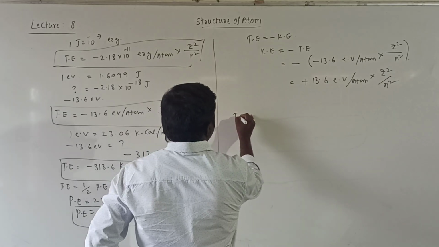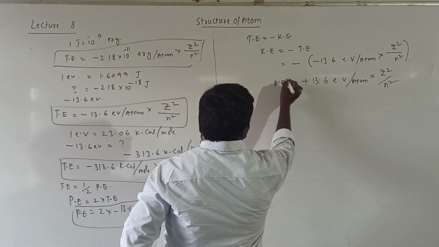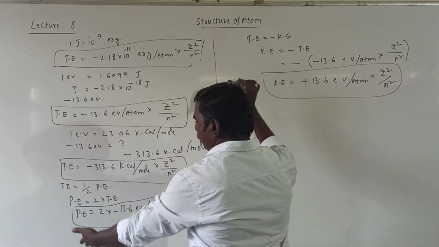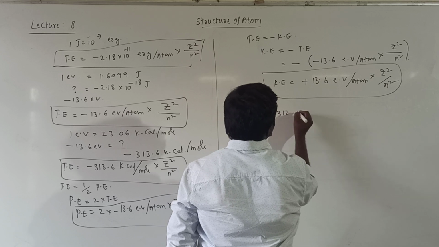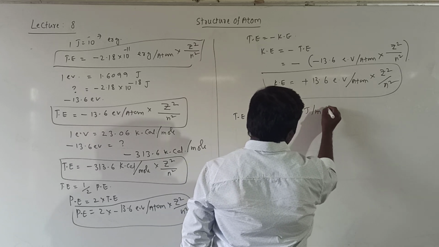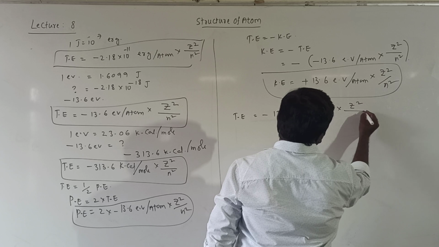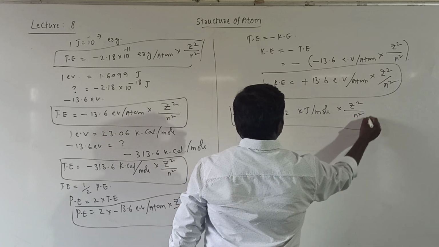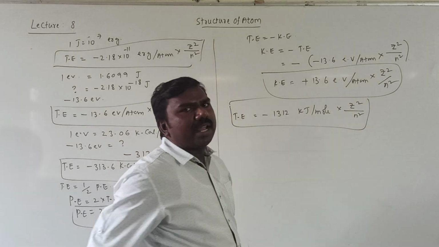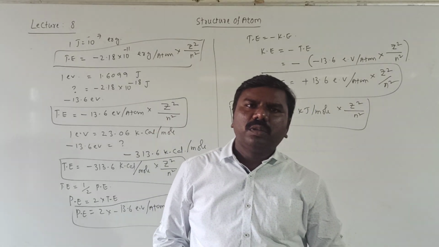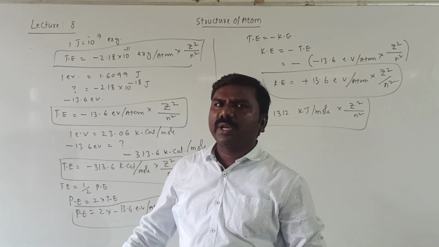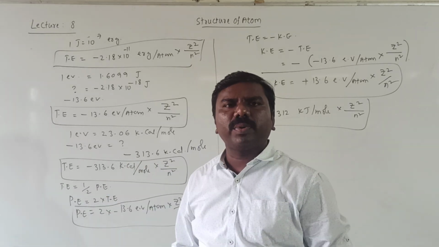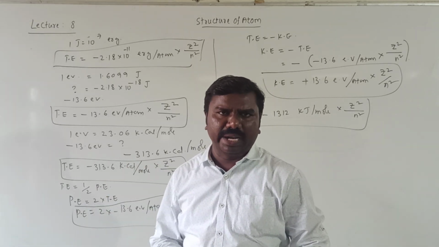So this is the total energy, this is kinetic energy, and this is potential energy. It is equal to minus 1312 kilojoule per mole into Z square by n square. It means they can expect the answer in kilojoule per mole, joules per atom, electron volt per atom, kilocalories per atom, calories per atom, calories per mole, whatever the unit is.